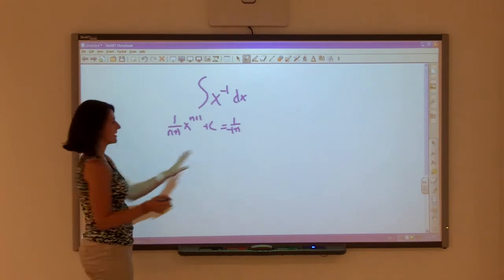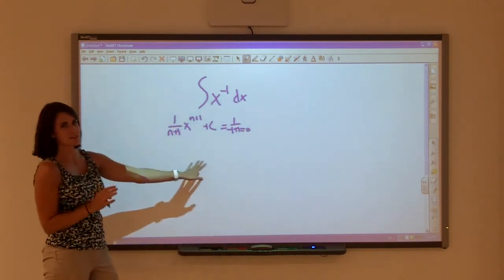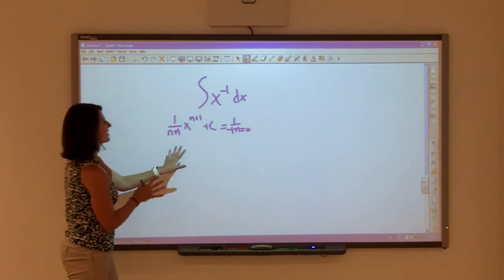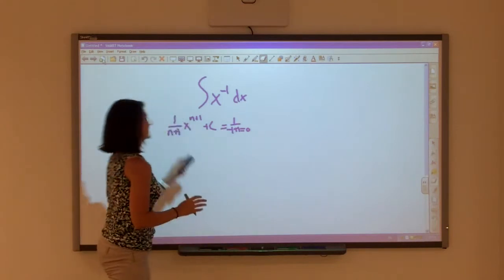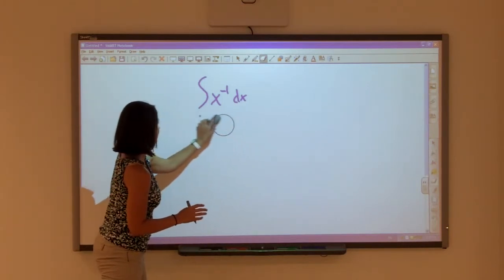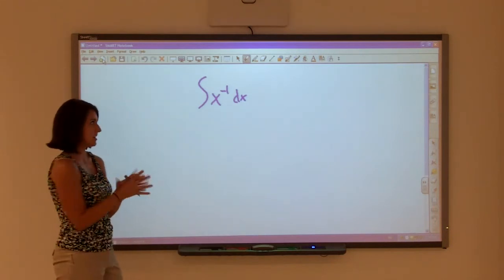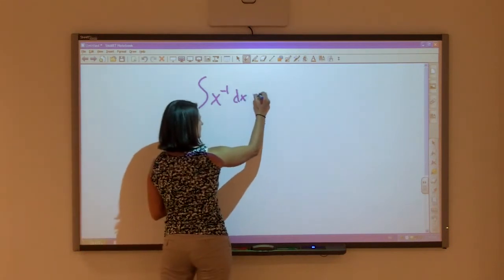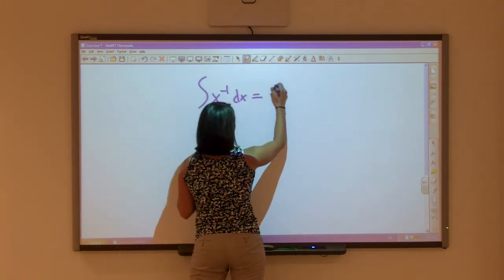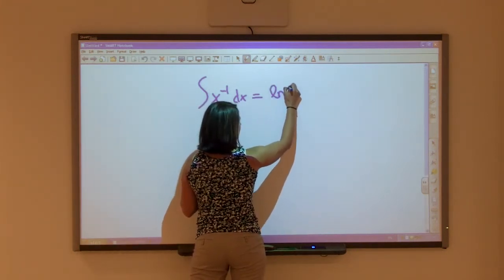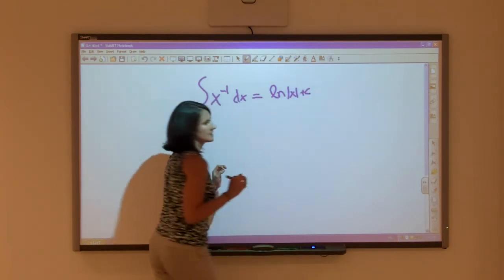And we can see a problem right here. This is already going to equal 0 on the bottom. Now we learned a long time ago this is not okay. So we need another formula for it. This one you actually just need to know. The answer to this antiderivative is the natural log of the absolute value of x plus c.